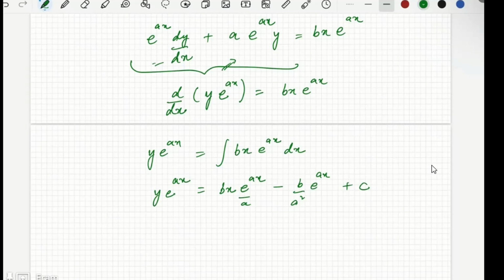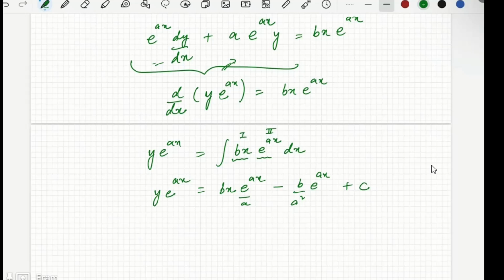I assume you all know integration by parts. I am using this as the first function and this as the second function, because we generally take the exponential as the second part.